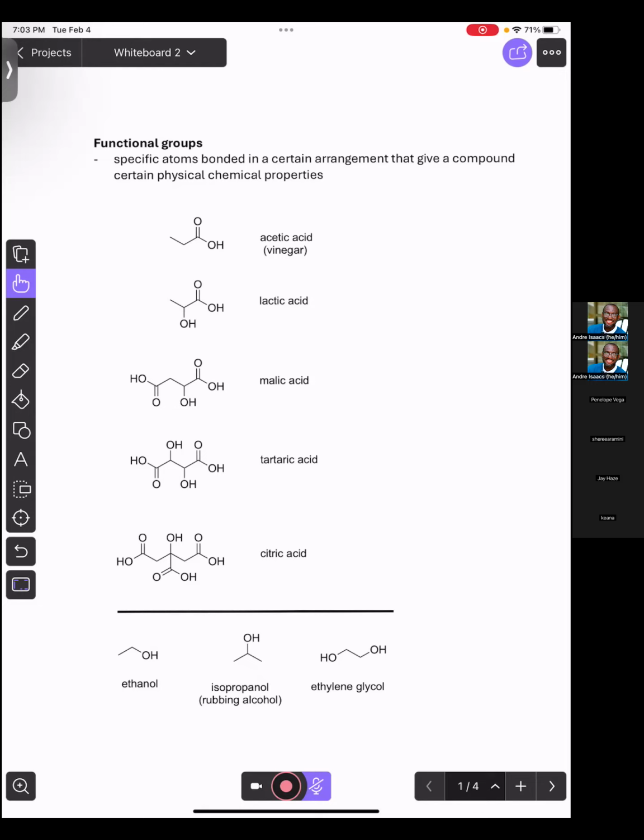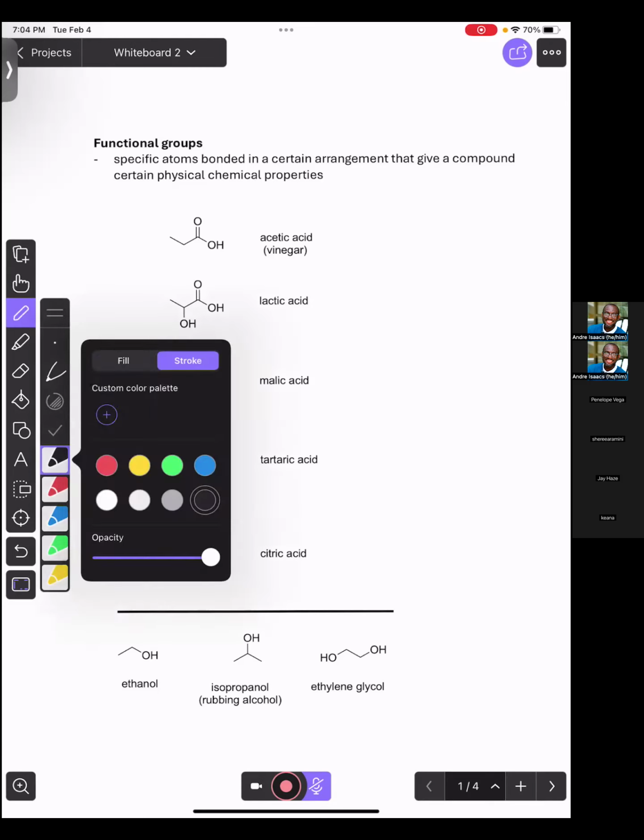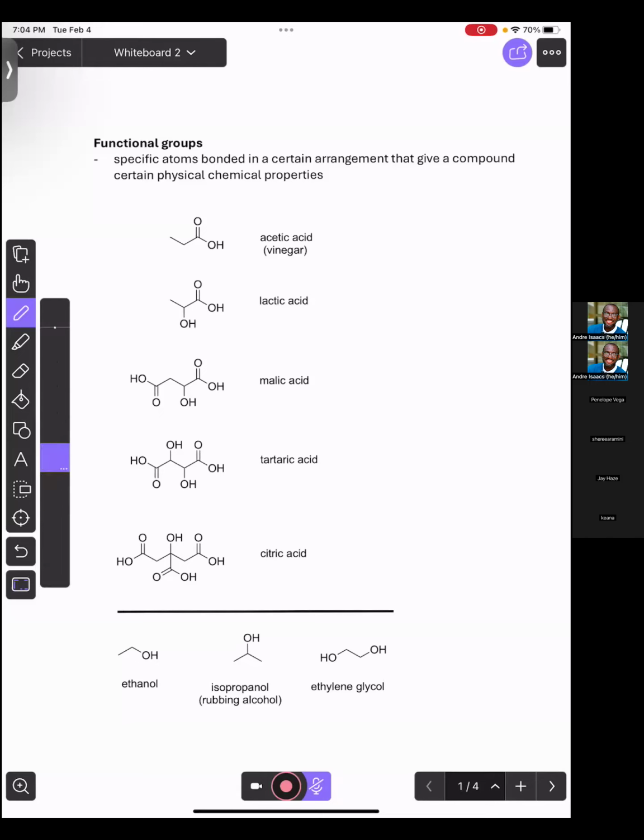But before we jump into these functional groups, what I want to show you is the line angle formula. We have been spending a lot of our time drawing atoms directly. For example, I will draw this molecule here on the top of the page, and I'm going to show you what it looks like in our Lewis structure.